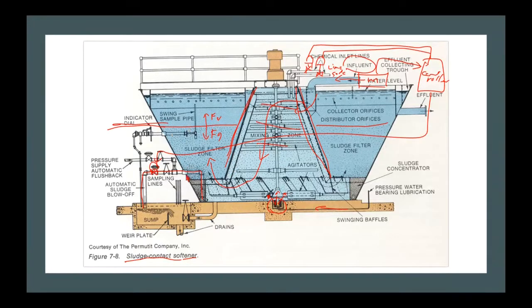Remember, the liquid's slowing down because of this convergence. So at some point, we can't keep the stuff in suspension. Gravity's pulling all of this sludge down into a concentrated area where our blowdown valve can open up and discharge the sludge as it builds up.